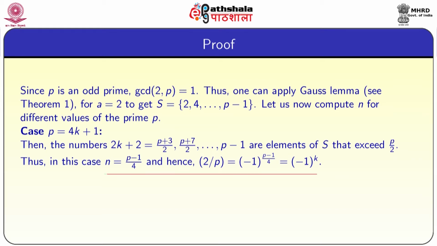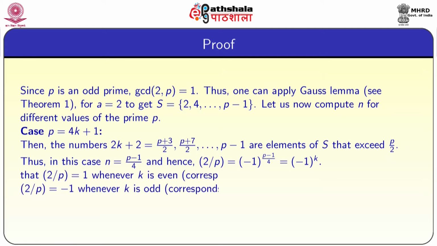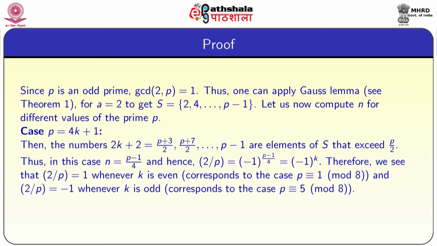In this case n is equal to (p minus 1)/4. Hence, the Legendre symbol (2/p) is equal to (minus 1) whole power (p minus 1)/4, which is equal to (minus 1) whole power k. Therefore, (2/p) is 1 whenever k is even, which corresponds to p congruent to 1 mod 8, and (2/p) is equal to minus 1 whenever k is odd, which corresponds to p congruent to 5 mod 8.